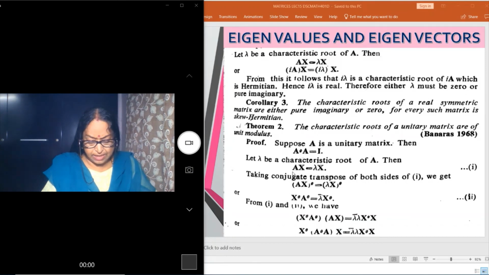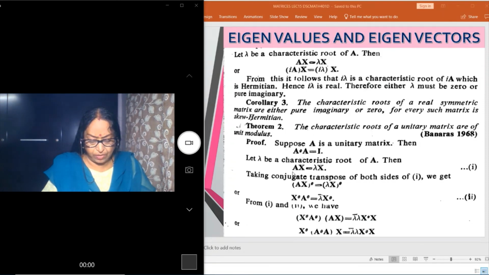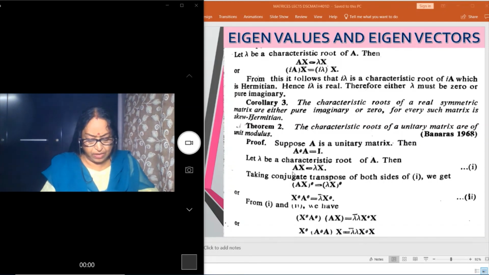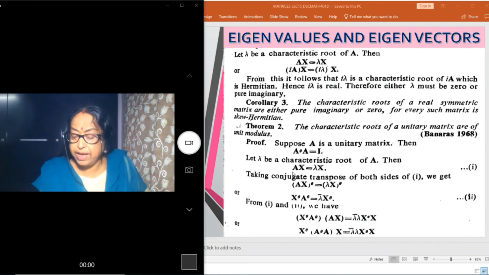And since A is a unitary matrix, collecting A theta and A, this is equal to I. So x theta I x is equal to lambda bar lambda x theta into x.